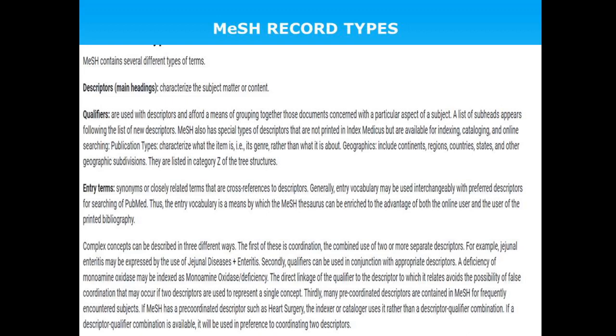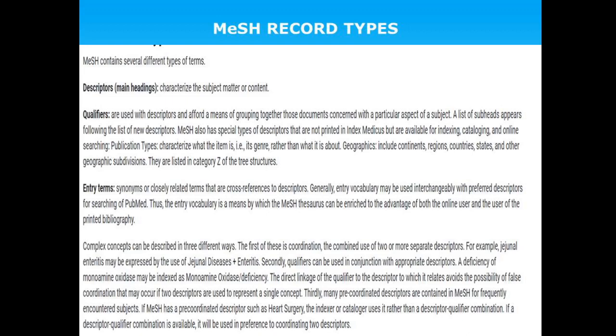The direct linkage of the qualifier to the descriptor to which it relates avoids a possibility of false coordination that may occur if two descriptors are used to represent a single concept. The direct linkage will avoid false coordination, that means combining different headings.